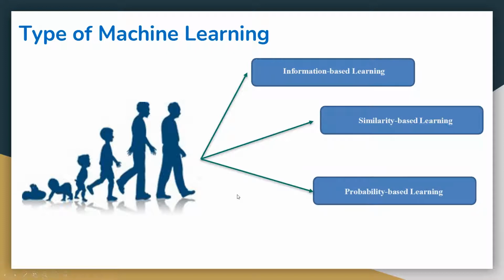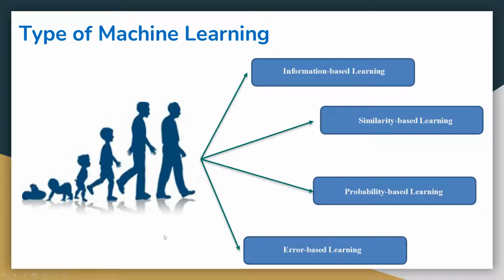Then we make a decision because we have some numbers, some facts, some probabilities. That is called probability-based learning. And we make a decision because of a past decision that we made, and we learn from it. Either we fail or we were successful, we learn and we improve our decision making in the future.